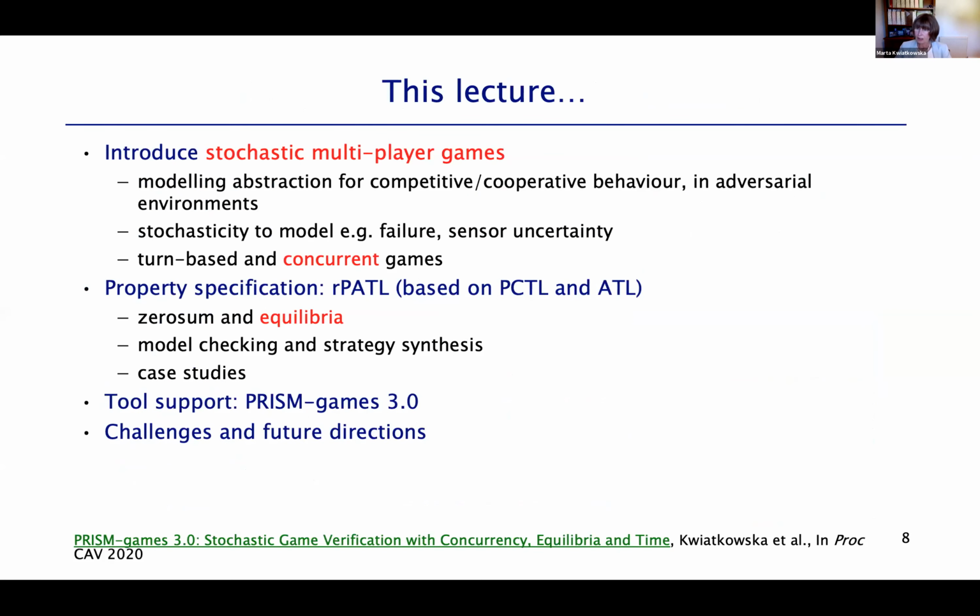So this lecture is going to focus on stochastic multiplayer games, and I will start with the simpler turn-based games, but the focus is really on the newest extension, which is for concurrent stochastic games and equilibria-based properties for these, which allow agents to have distinct goals rather than just play against each other in a zero-sum fashion.